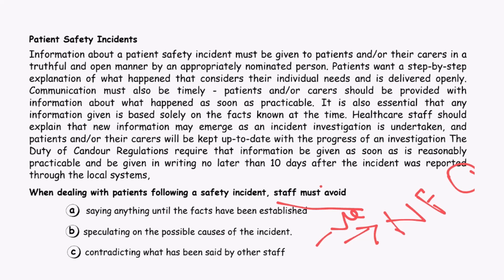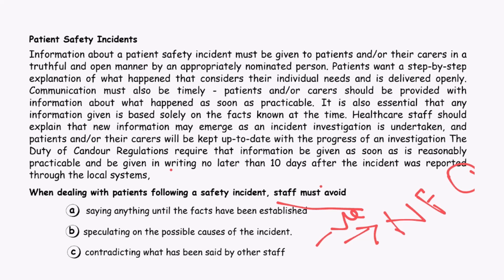Okay, so which means we have to share or declare the information about the patient safety incident. So we have to declare the information to patients as well as their relatives in a truthful and open manner. Okay, so open-heartedly or straightforwardly, we have to explain with the appropriately nominated person.